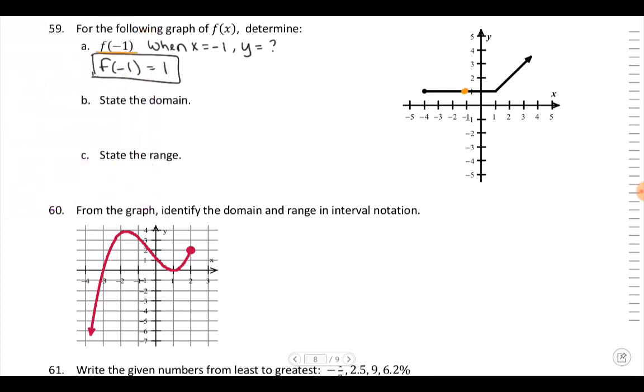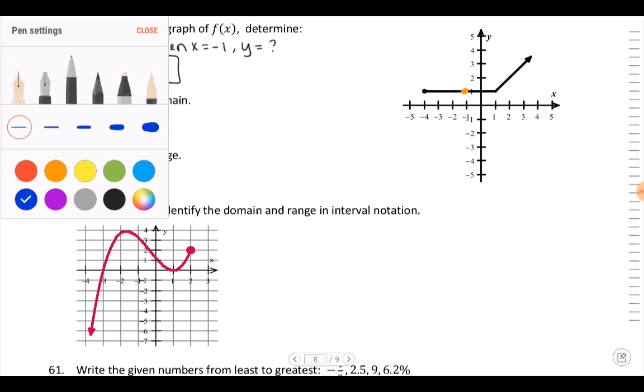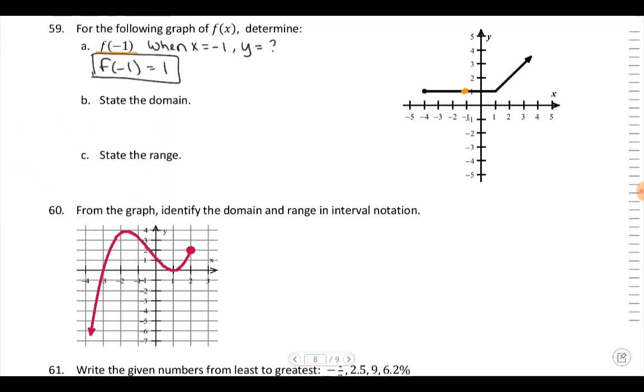All right. State the domain and state the range. So, all right, let's see here. Domain is going to be your smallest x value to your biggest x value, right? Now I notice there's a solid point here on the left side of this graph. So the smallest x value that gives me something on this line is at negative 4.